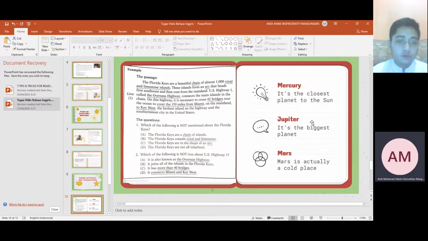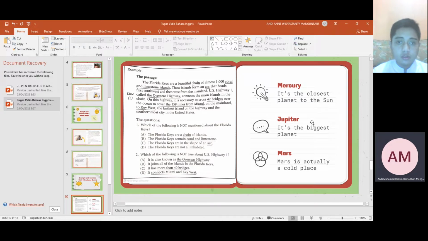Okay, number 2, which of the following is not true about US Highway 1? Okay, the answer is B. Why? Because it's not mentioned in the passage. We must read one and next, and just be careful.